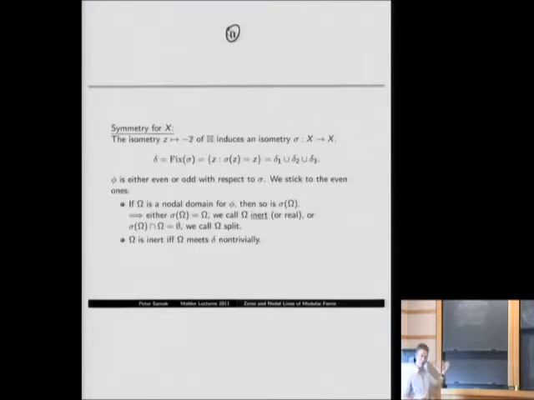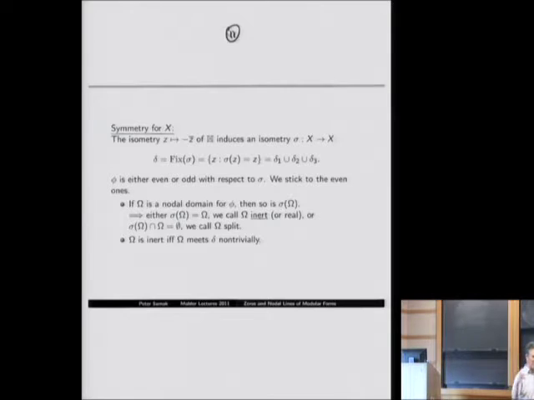And the behavior you'll see is very similar to issues of inert and split in the theory of numbers. So a nodal domain is inert if I take a nodal domain and apply the automorphism sigma, and the sigma of that nodal domain is again a nodal domain of the same eigenfunction. You can show that easily enough. Because the nodal domain is the biggest connected component, either the sigma will take me precisely back to what it was, or they will be completely disjoint.